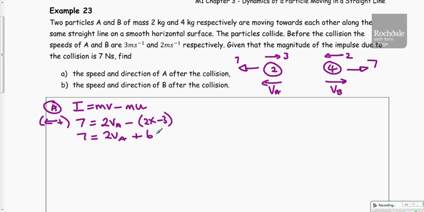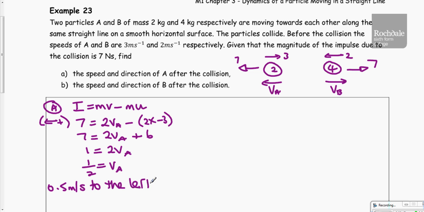If I bring the 6 over to the left, 1 is 2 times the velocity of A, and so the velocity of A is a half. So that's 0.5 meters per second to the left, or in the opposite direction to the original direction of motion. So that's part A done. We've found the speed and direction of A after the collision.